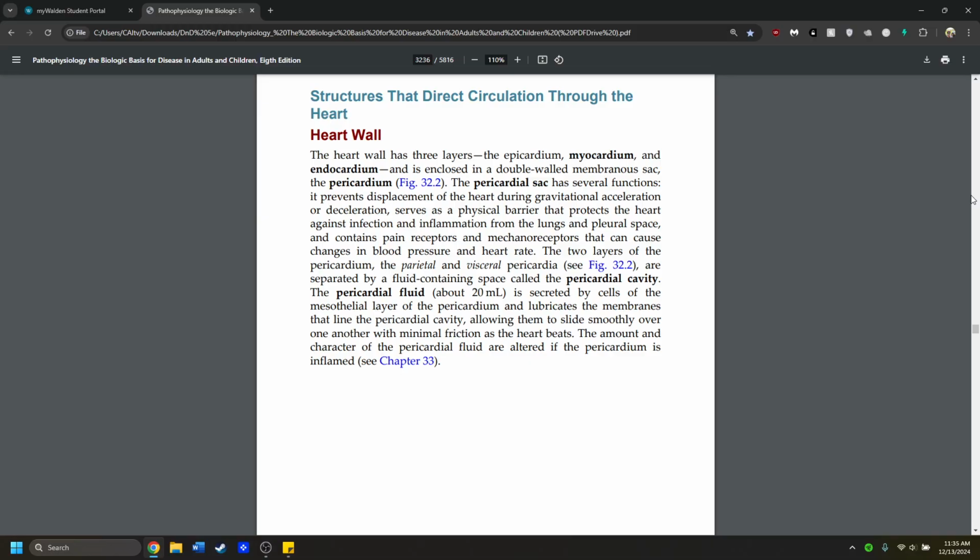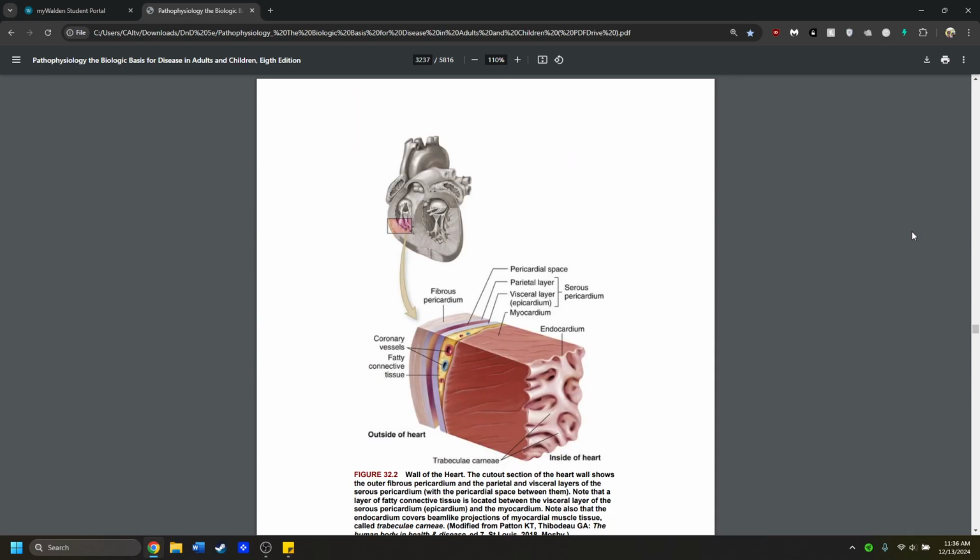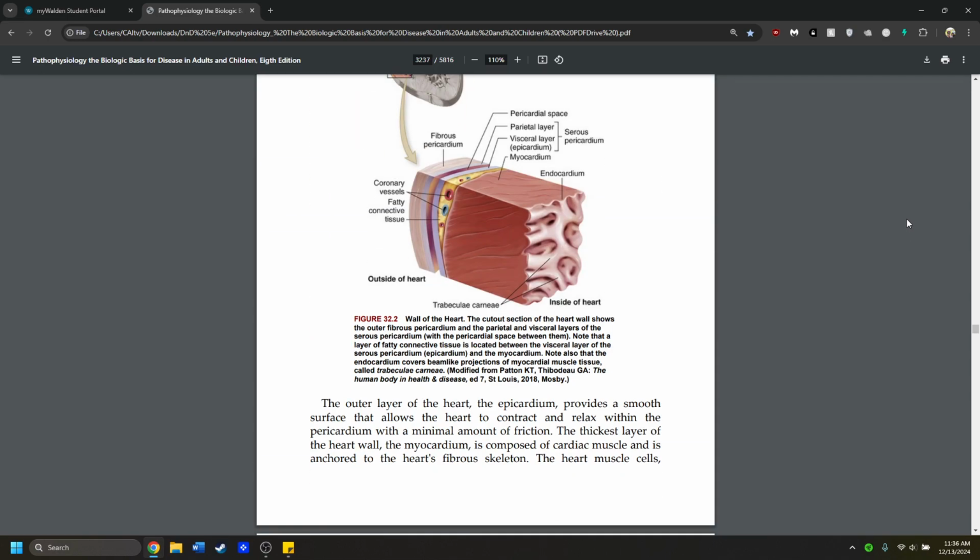The amount and character of the pericardial fluid are altered if the pericardium is inflamed, which we'll take a look at in chapter 33. Things like pericarditis can cause that inflammation, for instance.